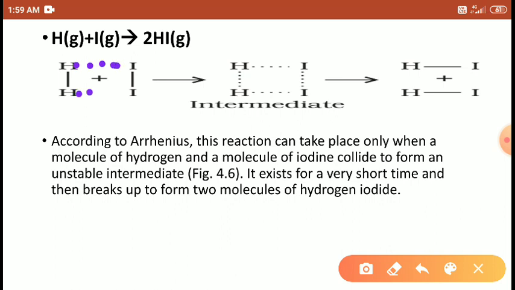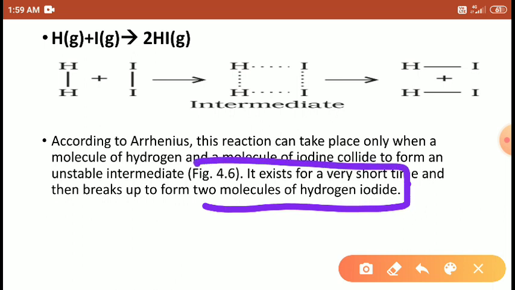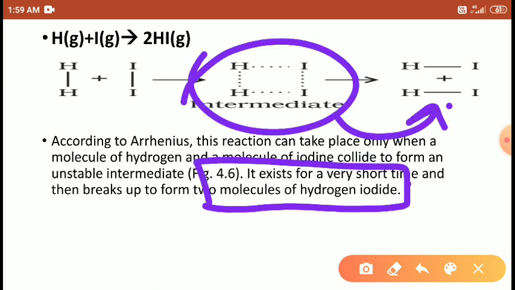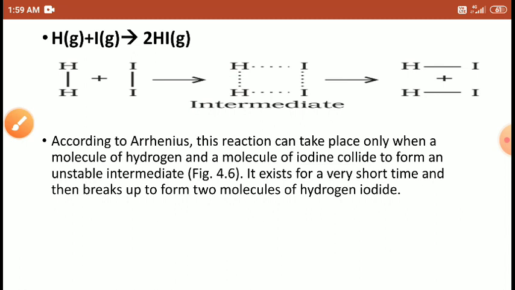When they collide properly, the breaking of old bonds and formation of new bonds occur in the intermediate stage. Students, the intermediate stage exists for a very short time, and then it breaks to form two molecules of hydrogen iodide. Right, students?